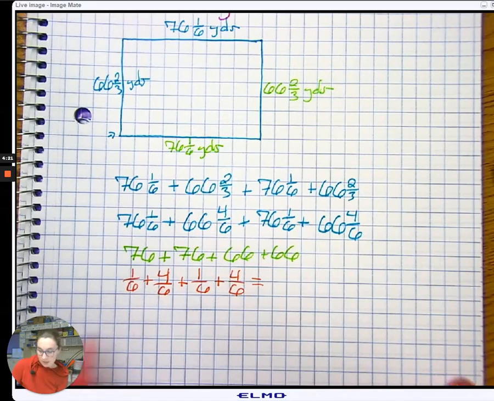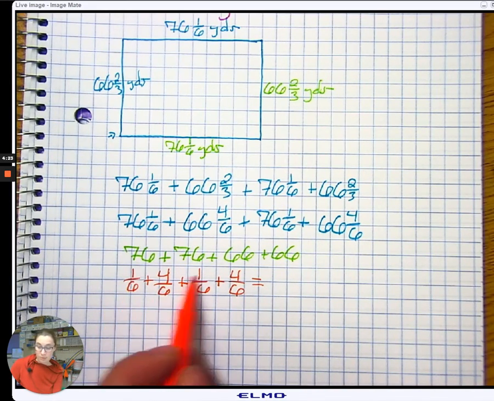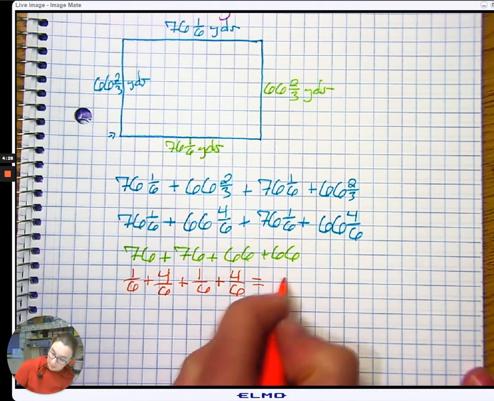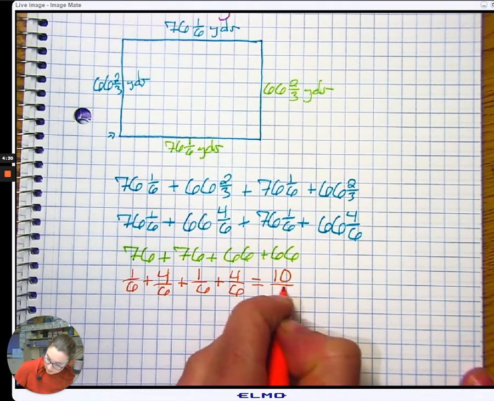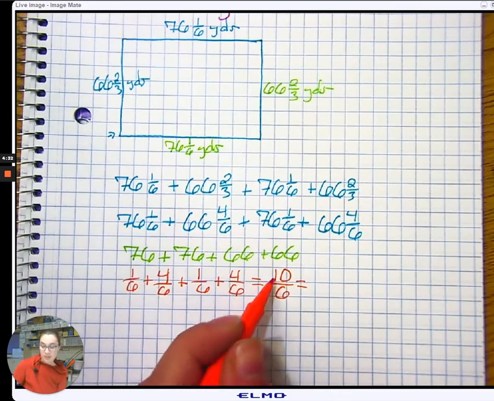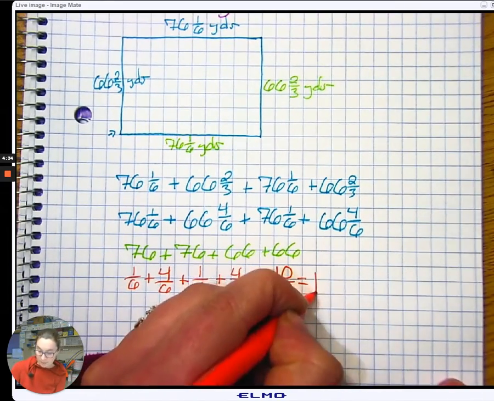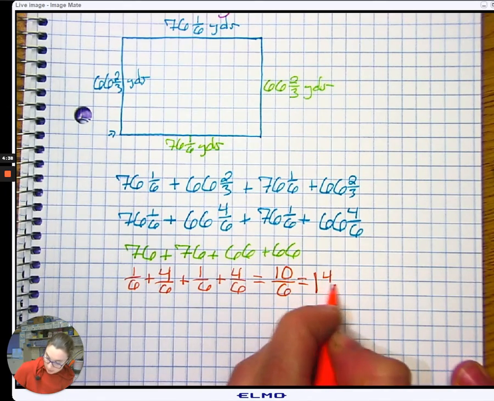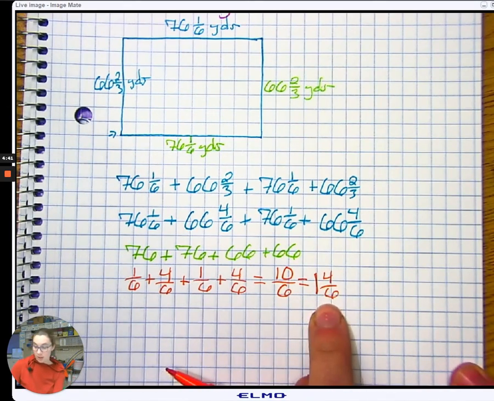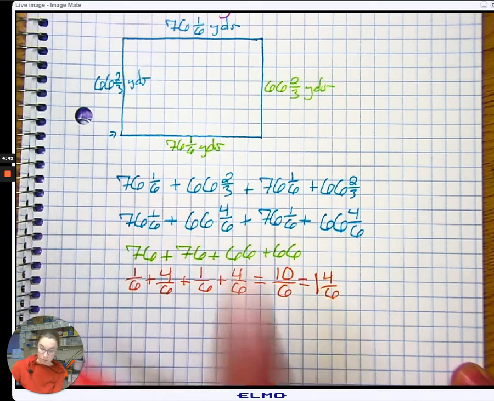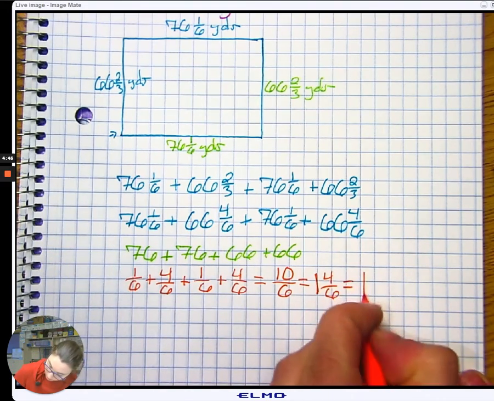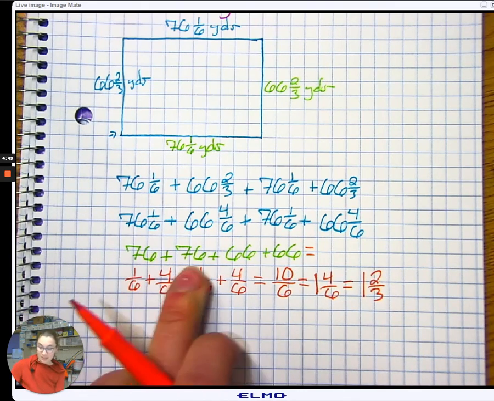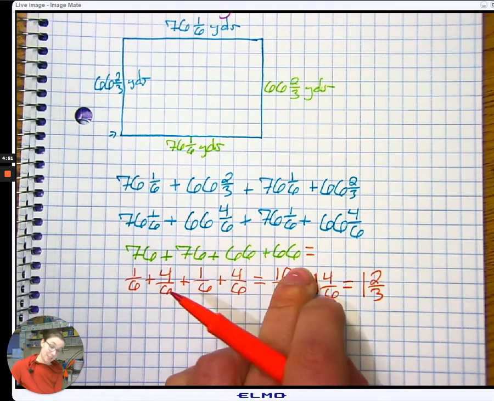And I'll add my sixths first. 1 plus 4 is 5, plus 1 plus 4 is 5 as well. So that's 10/6, which I know 6 goes into 10 one time. And there are 4 left over, so that leaves me 4/6. And I just discovered that 4/6 is the same as 2/3. So 1 and 2/3.